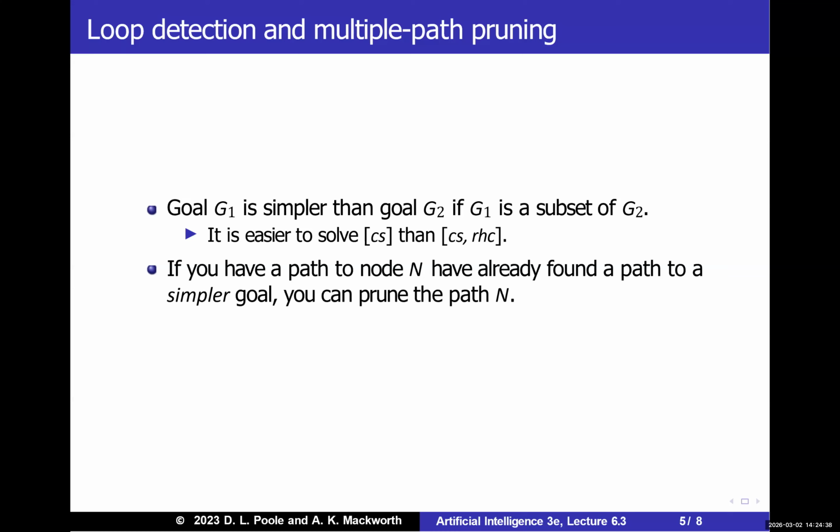If one sub-goal is strictly more complex than another, meaning it contains all the same requirements plus additional ones, then solving the simpler one first is preferable. If we've already reached a simpler sub-goal, we can prune the more complex version. These pruning strategies don't change correctness, they improve efficiency. Without them, planning would quickly become computationally impractical.